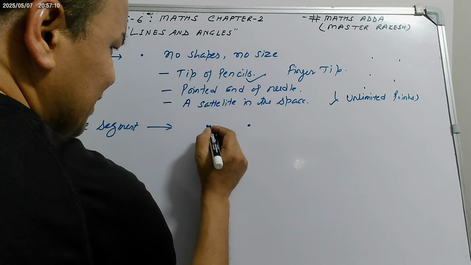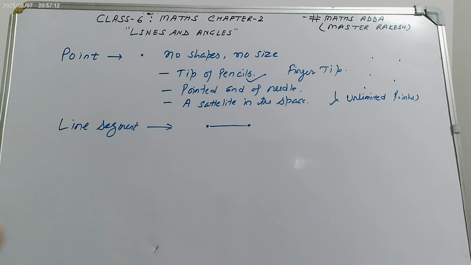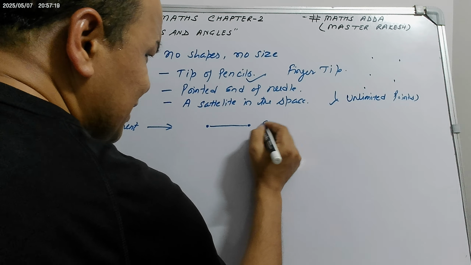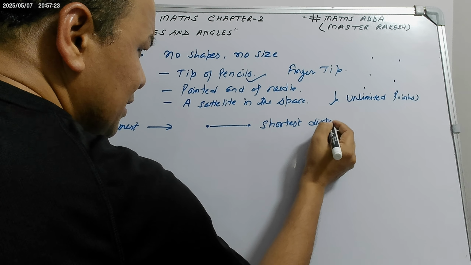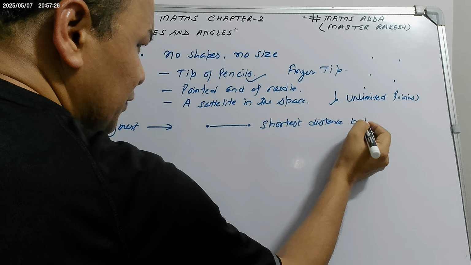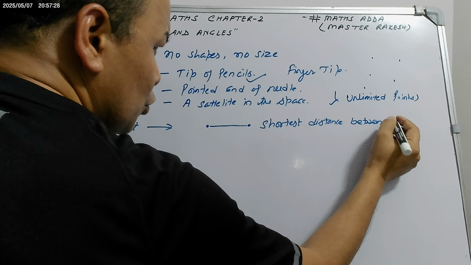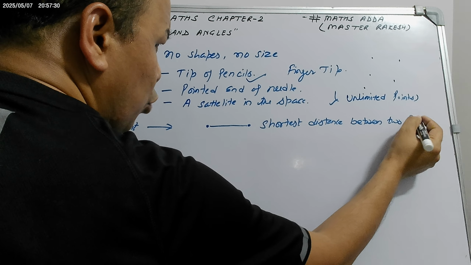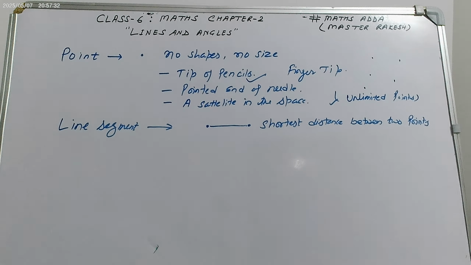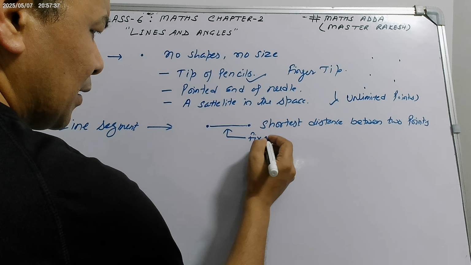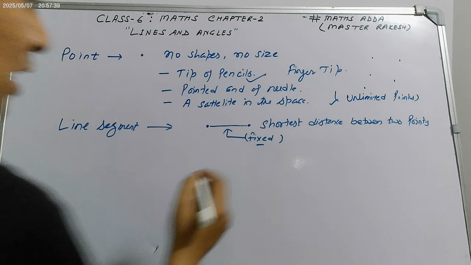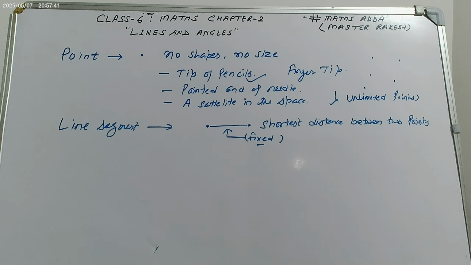The shortest distance between 2 points is known as a line segment. So this is fixed, this is a definite length.